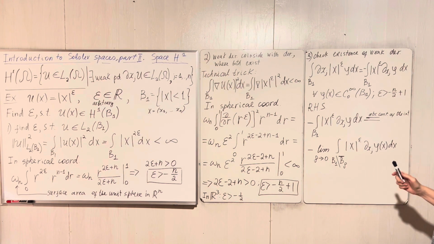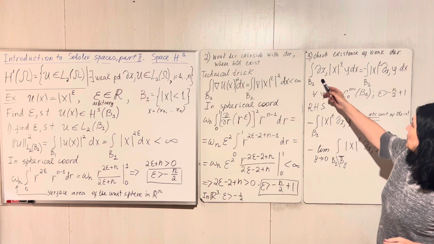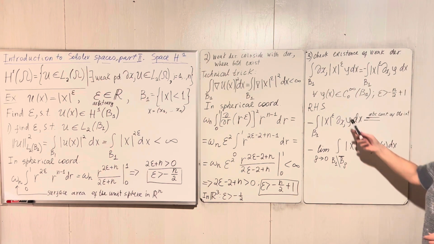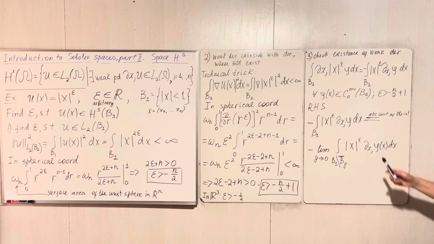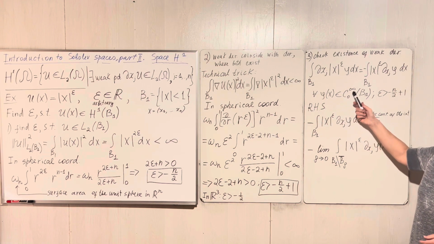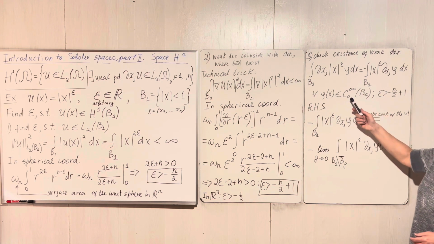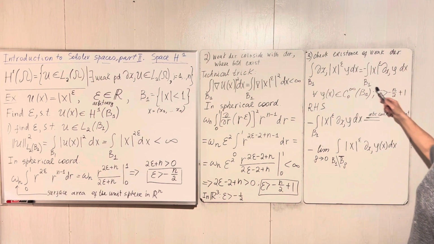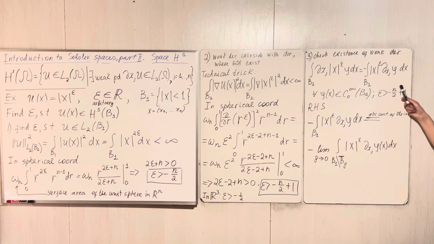And now let's check the existence of weak derivatives. So we need to check that this formula holds for any test function phi, which is continuous, infinitely differentiable, and has a compact support in our ball. And so this must hold when epsilon satisfies this inequality.